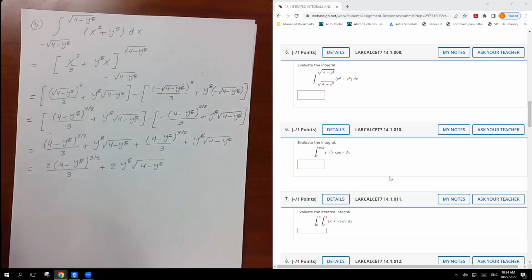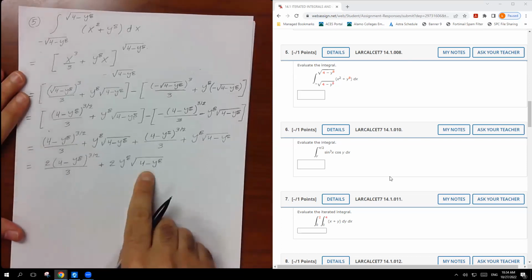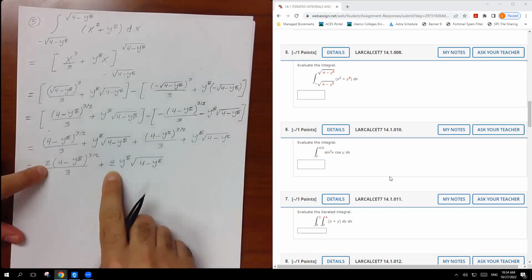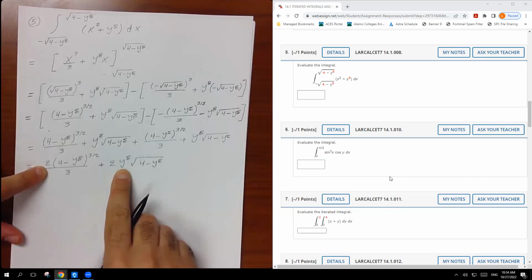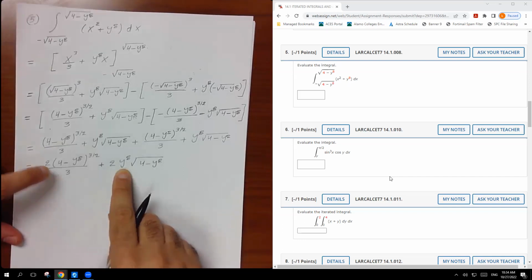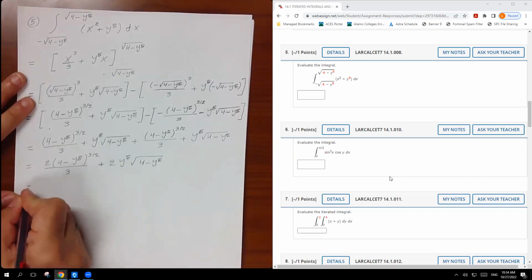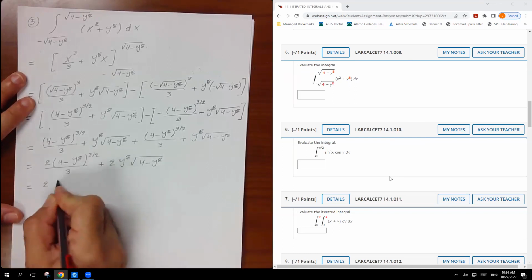If you look at this one, this is a half power. 4 minus y to the 8, and 2 is a common factor. So let's take the 2 out and see what's left. I'm just simplifying.